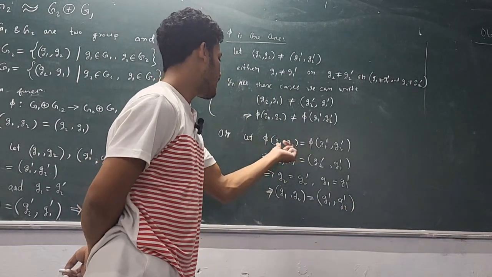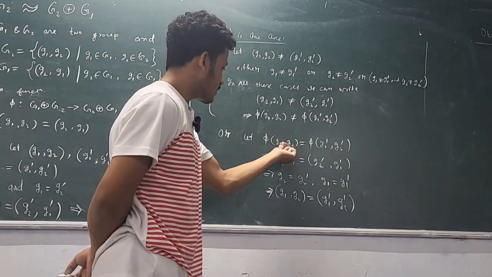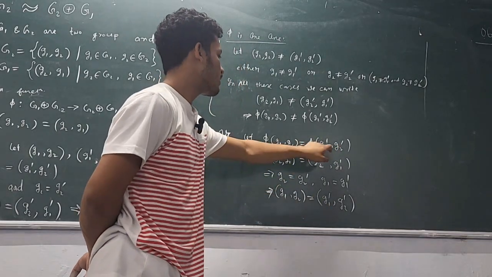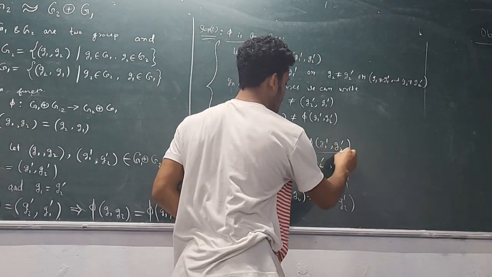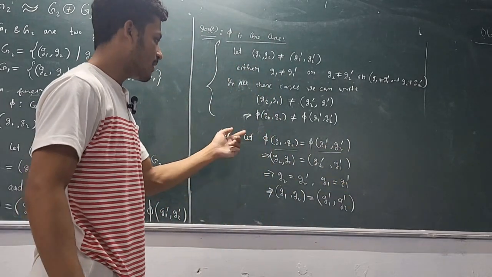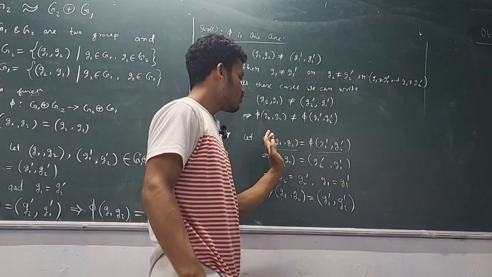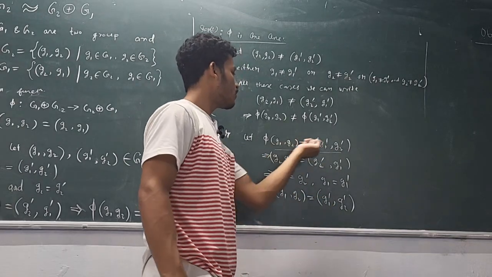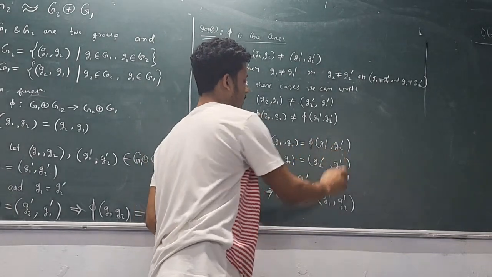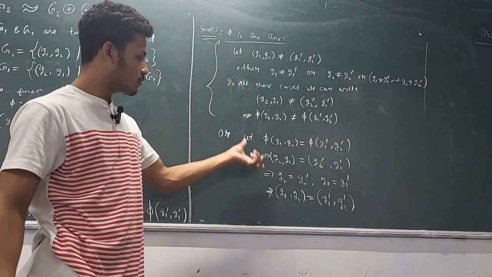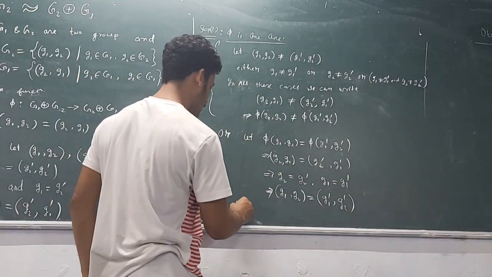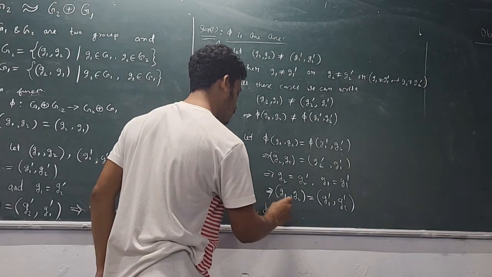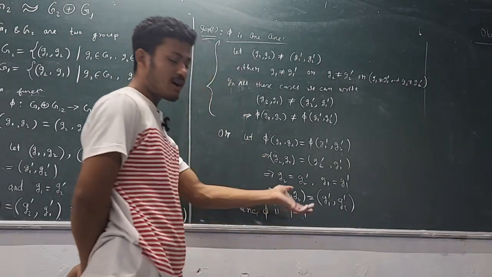So if the images are equal, then these two are elements in the domain, and their images are equal. That means the elements in the domain are equal. So this is equal to this. Hence it is 1-1, hence phi is a 1-1 mapping.